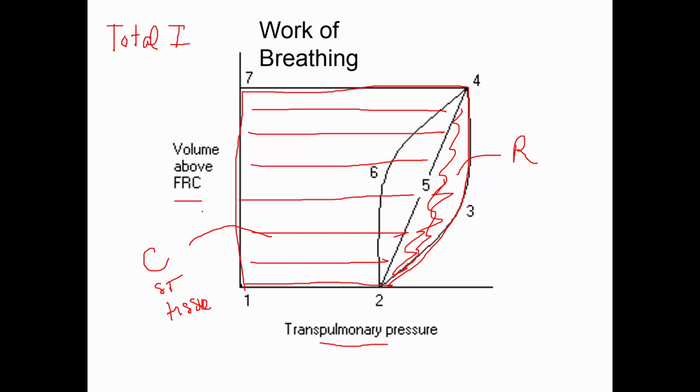So notice, if you take a bigger breath versus a smaller breath, taking a smaller breath would decrease your compliance work a lot. So this kind of work has to do with the characteristics of the lungs no matter what they're doing. So this is called the static part of work.